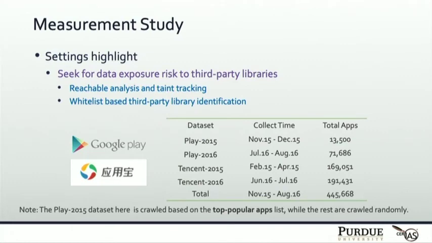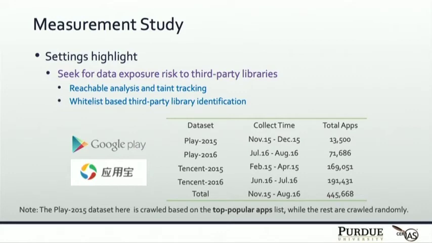So now we come to the large-scale measurement study over 400,000 apps. In our study, we crawled apps from both the official Google Play market and a top popular third-party app market in China.